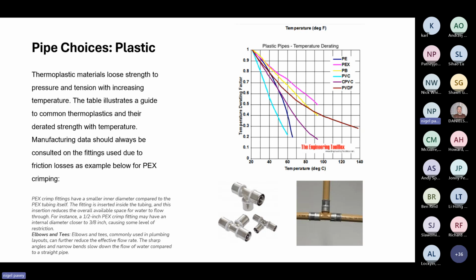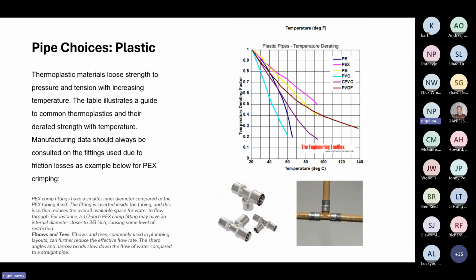The thing to consider with plastic pipes is the friction loss, because you're passing the fluid down a pipe and you've got to turn corners or branch off. I thought I'd give you an illustration of a crimp fitting, which is particularly common in the industry now. Those pictures show you the fittings and how the pipe goes into the fitting and they crimp it.